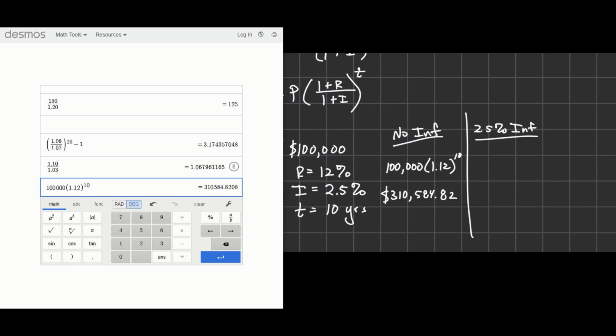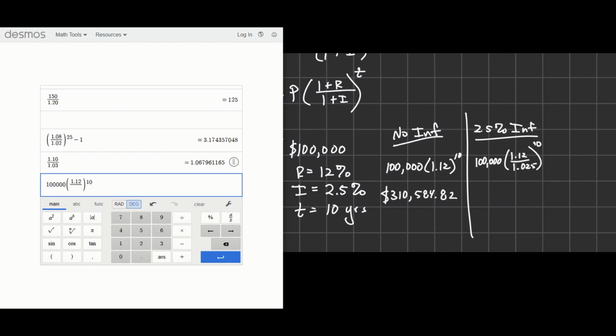But if we take the inflation into account to figure out how much purchasing power we'll have, what the equivalent would be in today's dollars, then we have to do 1.12 divided by 1.025 raised to the 10th power. And obviously this will be smaller. You'll see we'll have the equivalent of $242,628 and about 37 cents.